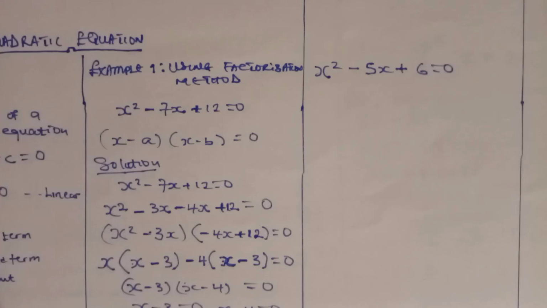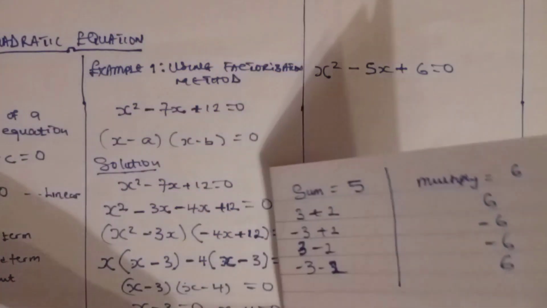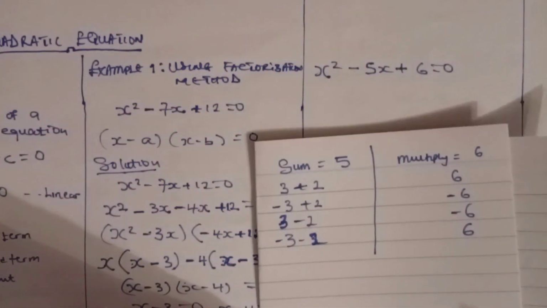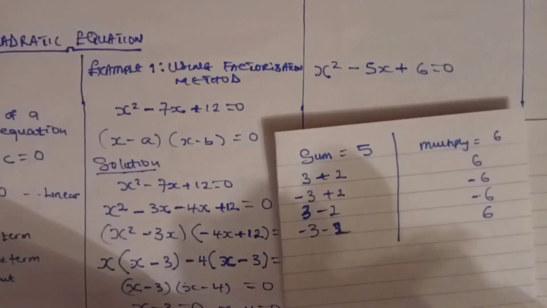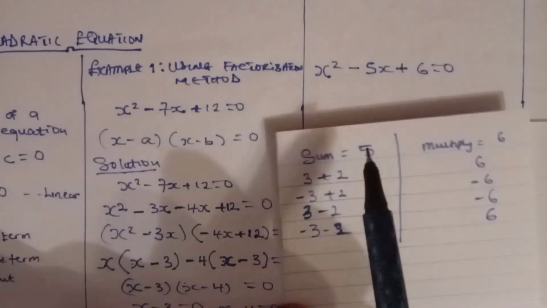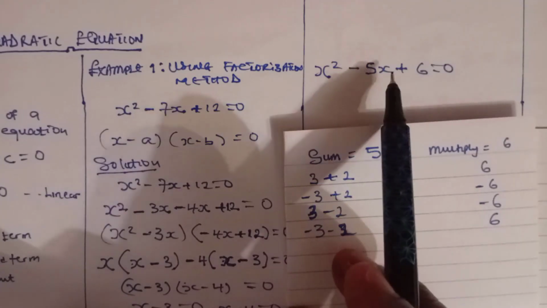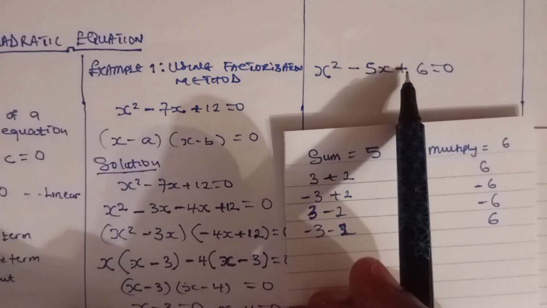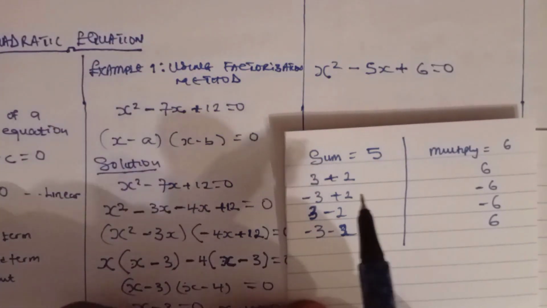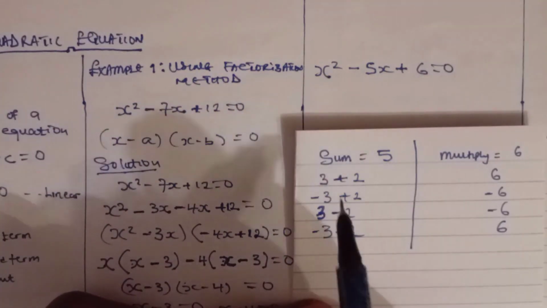Just like the first example, here is another way you can think. We're looking at the sum. Remember, the sum should be equal to minus 5, and when you multiply those two numbers you have 6. So let's look at the two numbers that will give you 5.